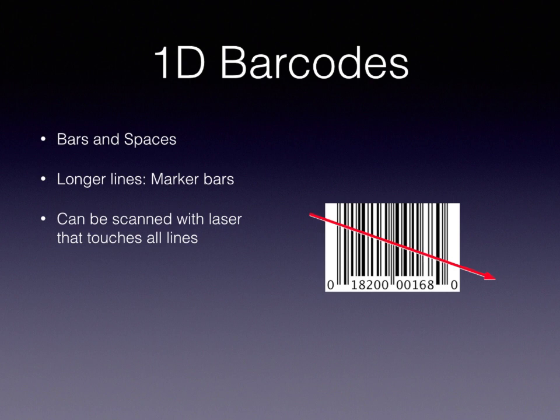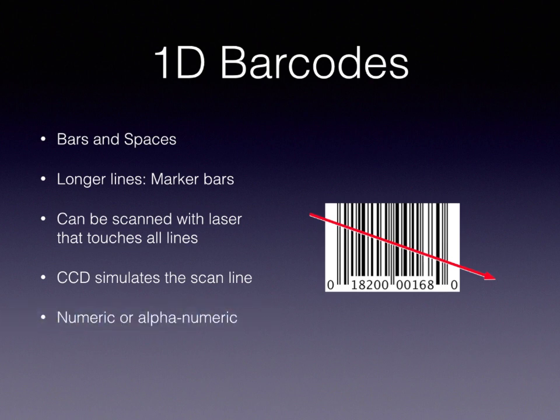So it can go any way, as long as it crosses all of them. And if you have a more modern scanner that's not laser-based but uses a CCD camera, that is simulating the laser beam also by going through multiple lines of the picture.